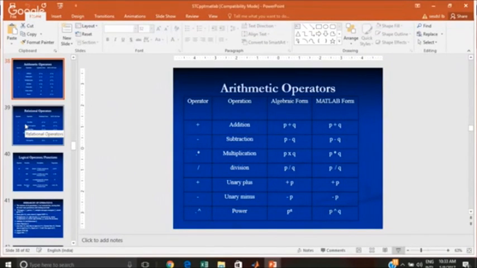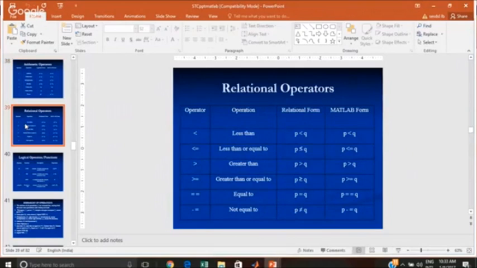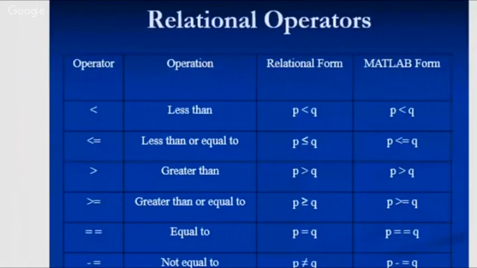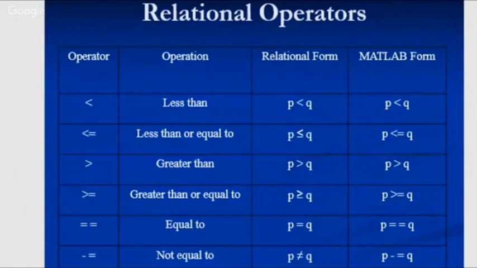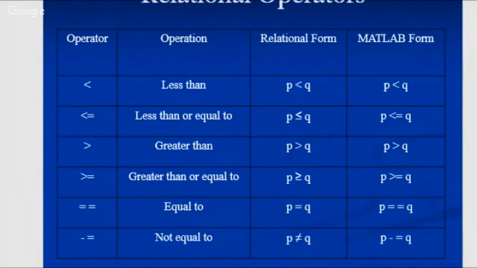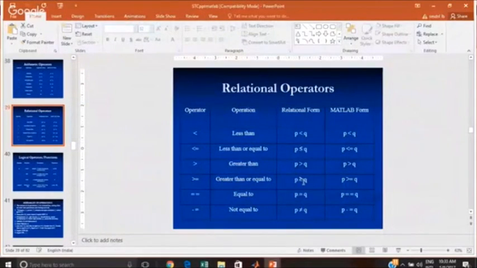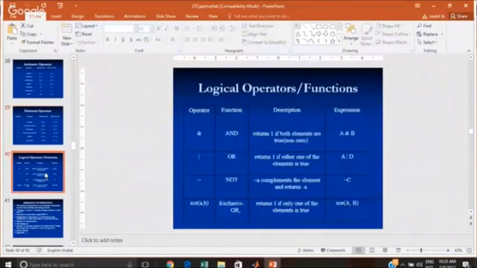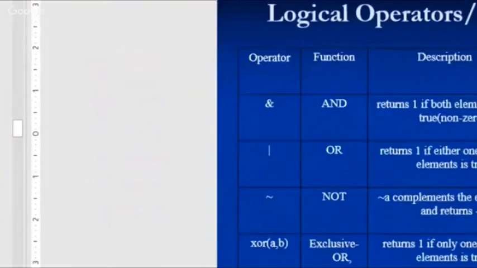Then relational operators. You have less than, greater than, equal to, almost the same. Not equal to, if you put it, is not equal to. So here you need not keep all these things in mind, because in MATLAB you can just go to help, and all these functions will be already existing.